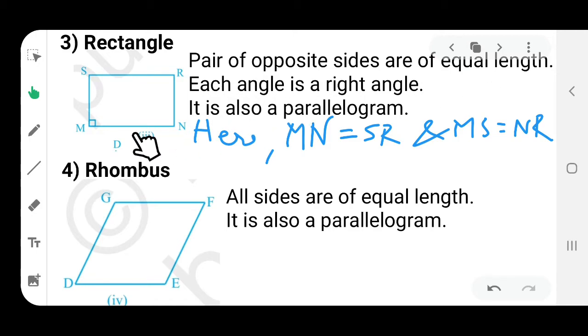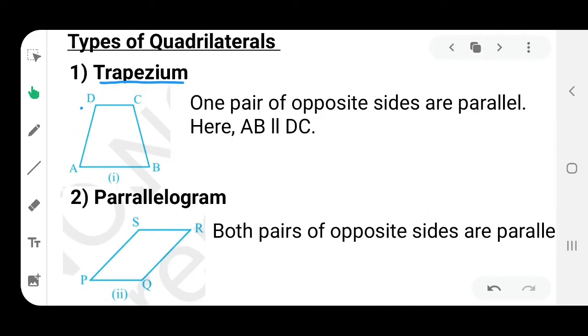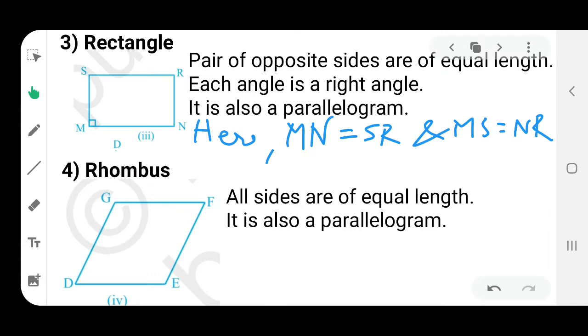Then each angle is a right angle, that is angle M, angle N, angle R, angle S. All these are right angles, and it is also a parallelogram. Yes, rectangle is a special case of parallelogram. Because we saw what a parallelogram is, that both pairs of opposite sides are parallel to each other. So here also we can see that MN and SR are opposite sides, a pair of opposite sides, and they are parallel to each other.